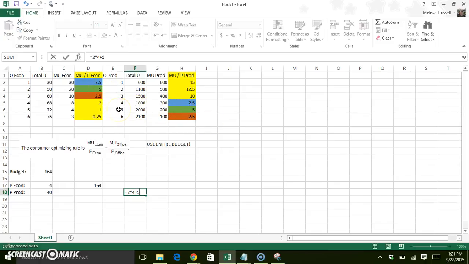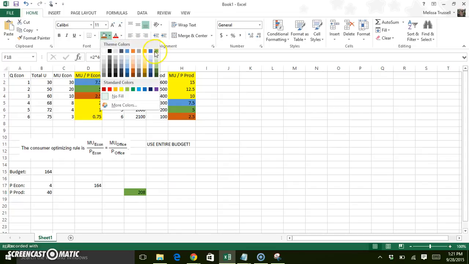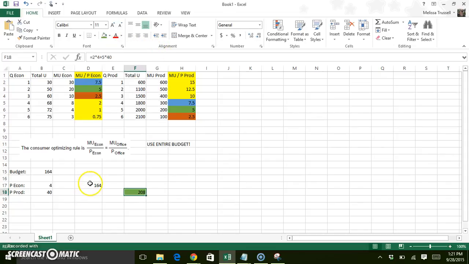So we have 5 productivity apps times the price of those, which is 40, and there our total amount we'd spend is $208. So you can see that although they have the equal mu over p, so they qualify for this consumer optimizing rule here, they don't qualify for the second rule, which is that we have to use our budget. So our budget was $164. We would have to use $208 to do the green option.